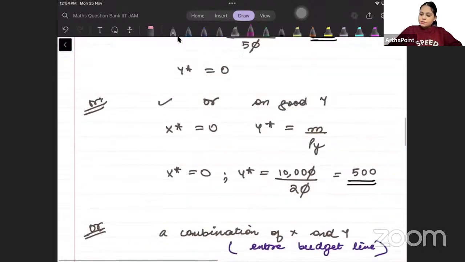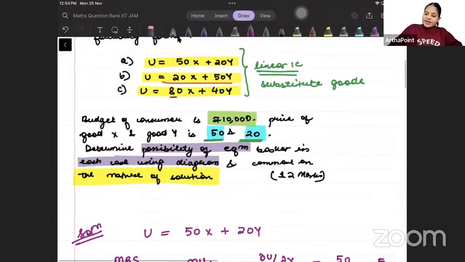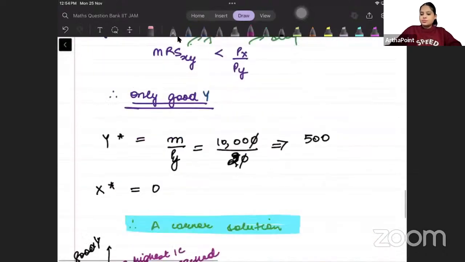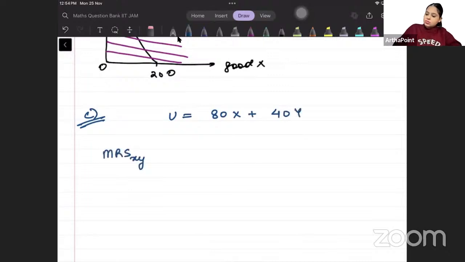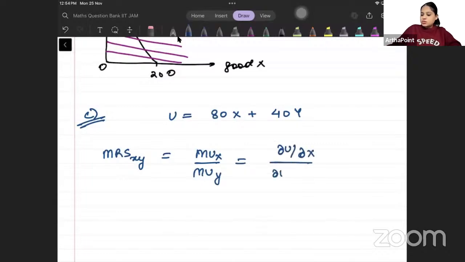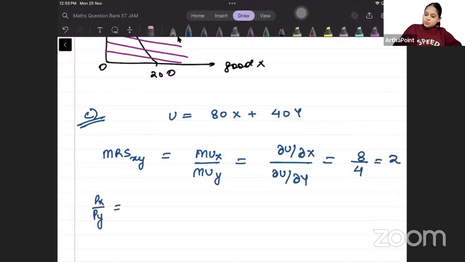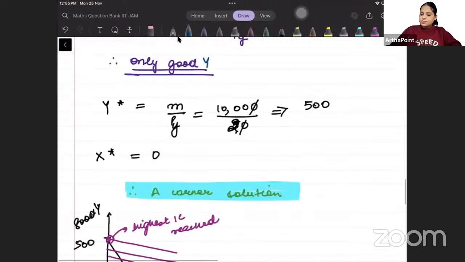Now look at the third part. So 80x plus 40y. So MRS will be MUX by MUY. That means I will differentiate with respect to X, with respect to Y, to PX by PY will be 50 by 20, right?